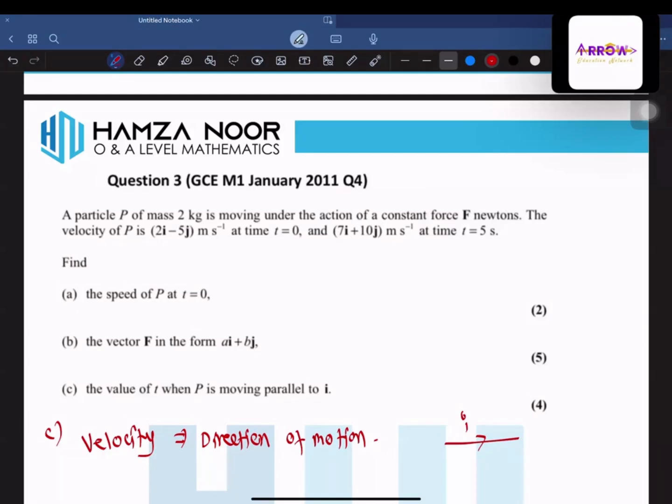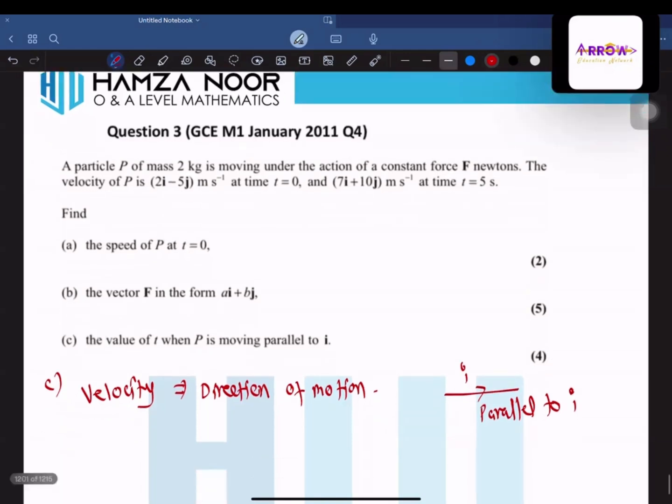So we need to find the instant when the particle is moving parallel to I. The concept is that when one vector is parallel to another vector, one vector is a scalar multiple of the other. So the velocity vector is a scalar multiple of I. Let's say velocity vector equals kI.